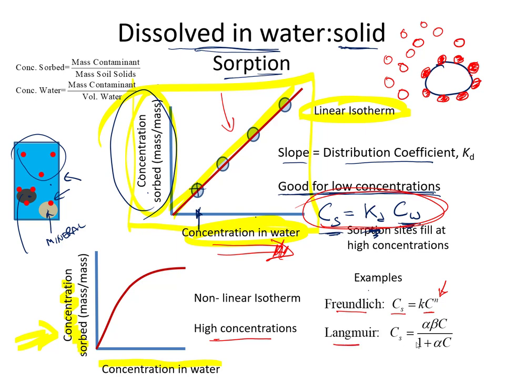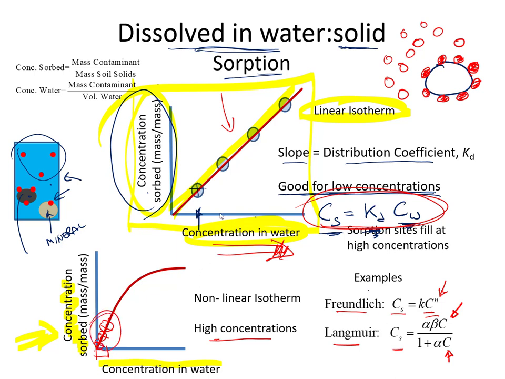Langmuir says, no, the solid concentration is a function of the dissolved concentration like this. And now there are these two parameters, alpha and beta, that are used to fit the data. So these are examples of nonlinear isotherms. What we see is if we take this down to low concentrations, down here in this range, both of these are saying that the concentration in water is linearly related to the sorbed concentrations at low concentrations.